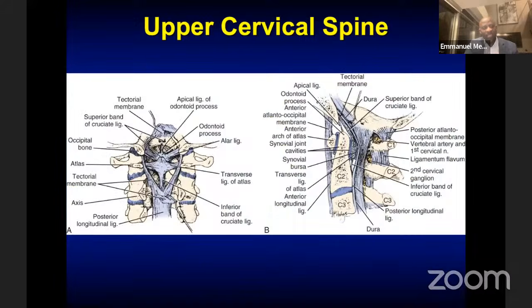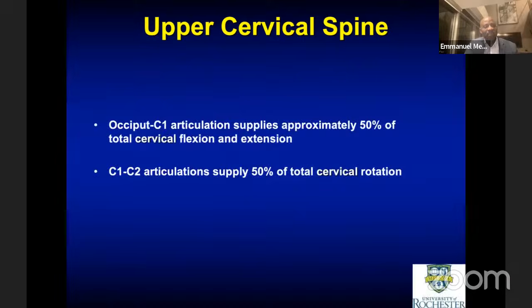Here's just a diagram demonstrating all the different ligaments involved with attachment of the occiput to C1 and C2, providing the stability and protection of the brainstem, the spinal cord, and the nerve roots, as I previously noted. So occiput-C1 articulation supplies approximately 50% of total cervical flexion and extension.